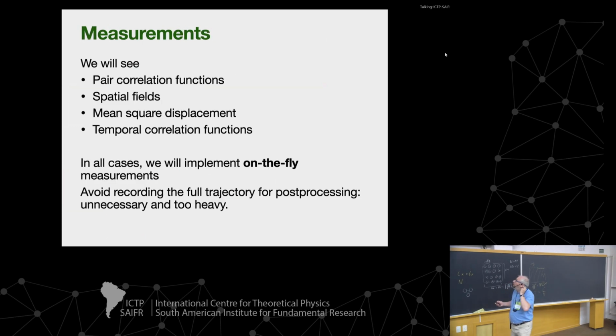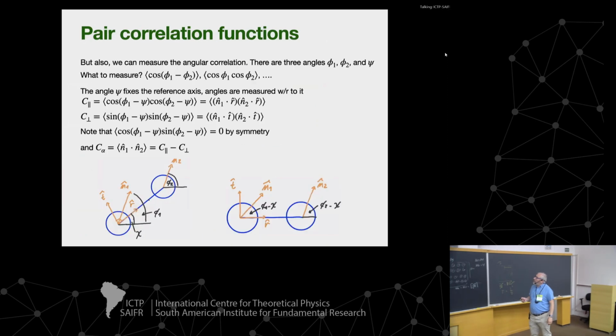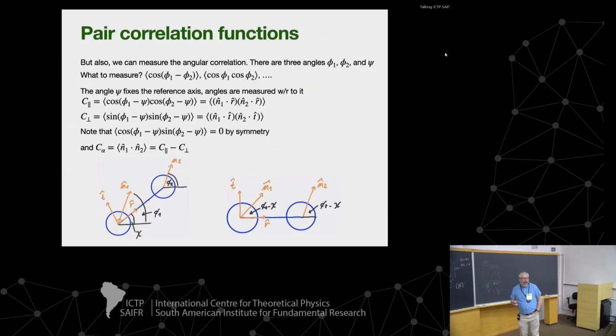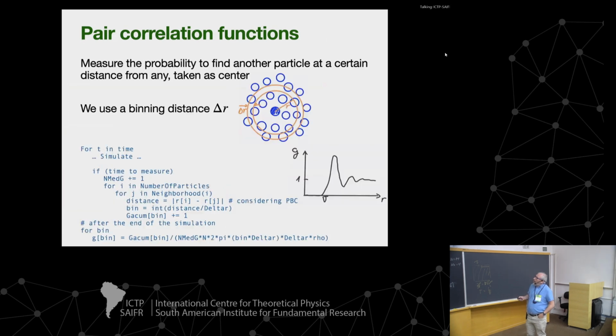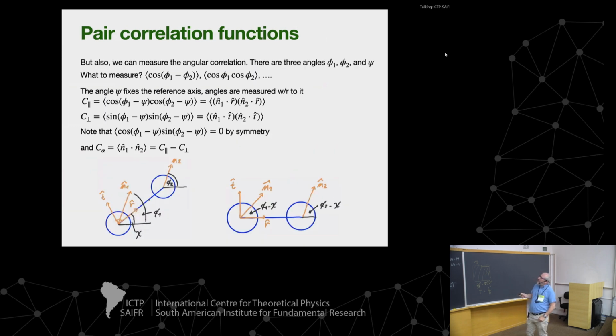So we were discussing some measurements yesterday, and I was telling you that we defined the percolation function for densities, that is, how many particles I find at a given distance. And we were also discussing what the relative directors of the two particles are, one to the other.